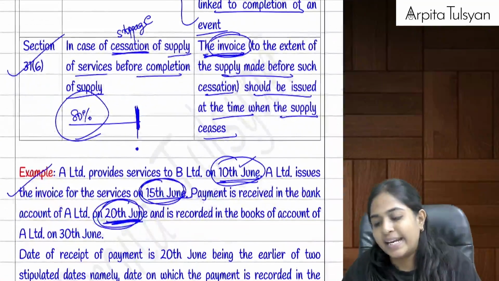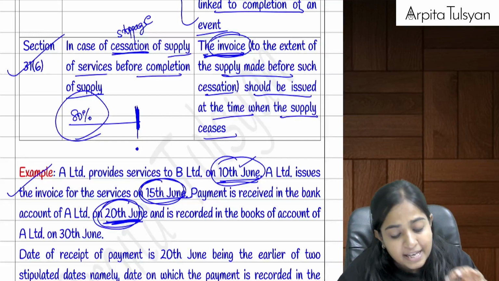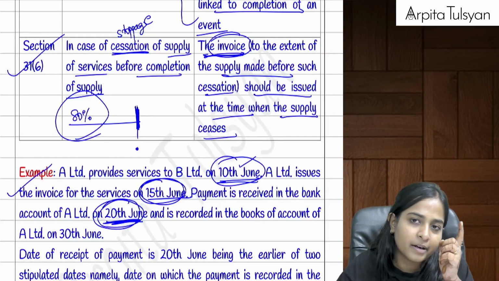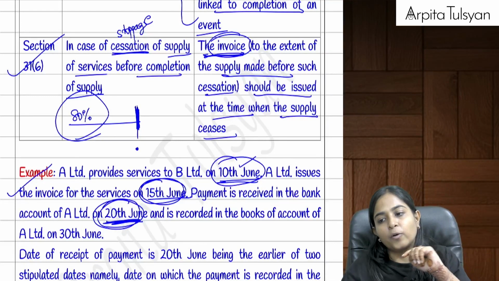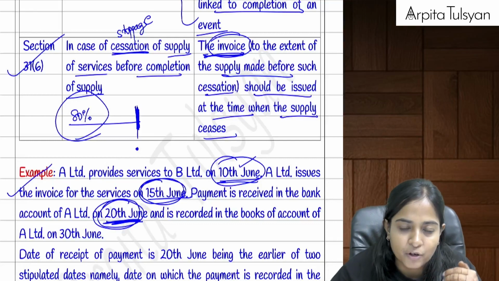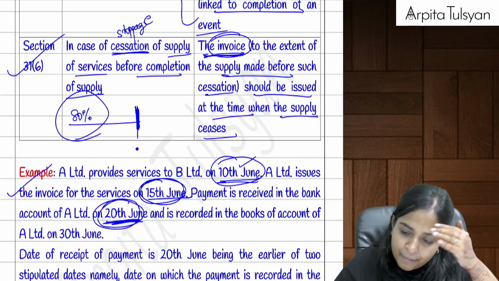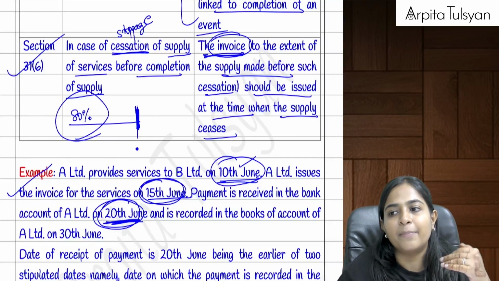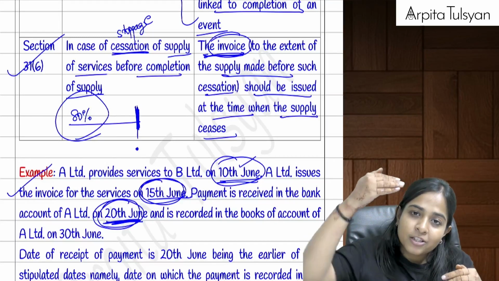And the last one, in case of cessation of supply of services before completion of the service. Let's say we have entered into a contract for giving you a particular service, but before the entire thing was done, there was a stoppage in between.